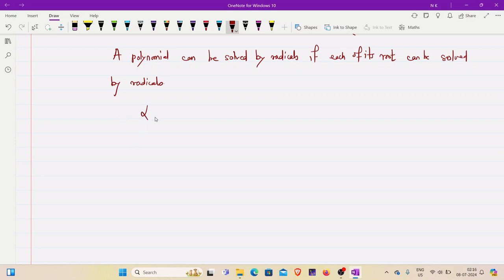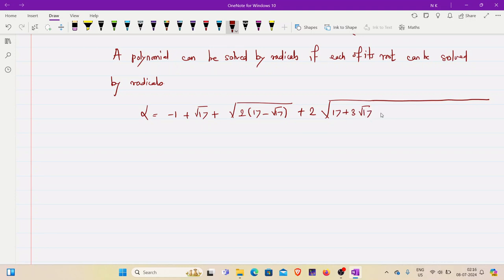So suppose I'm taking alpha equal to, say, -1 plus root of 17 plus square root of 2 times (17 minus root of 17), then plus 2 times square root of 17 plus 3 times root of 17 minus square root of 2 times (17 minus root of 17) minus 2 times square root of 2 times (17 plus square root of 17).